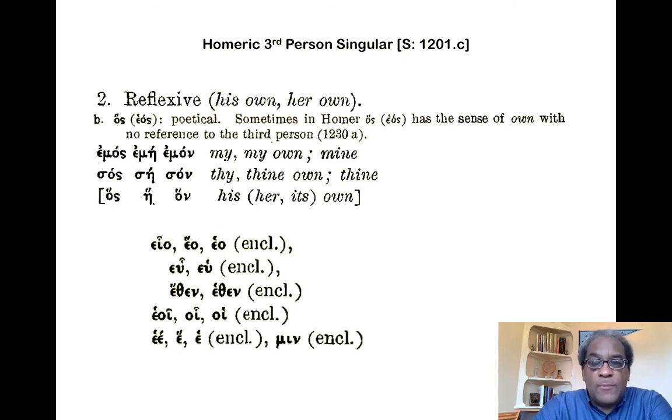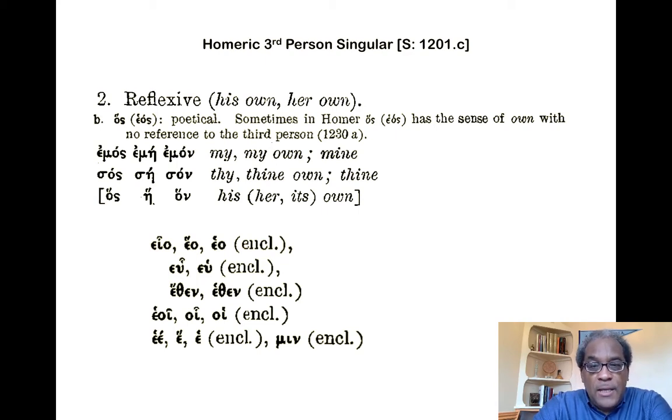But, as we've learned, the reflexive, by its very use and definition and functionality in the language, only occurs in the genitive, the dative, and the accusative. And mostly, the overall dominant use is of the singular.